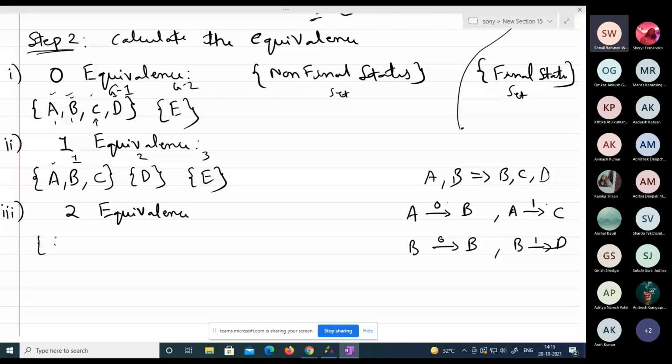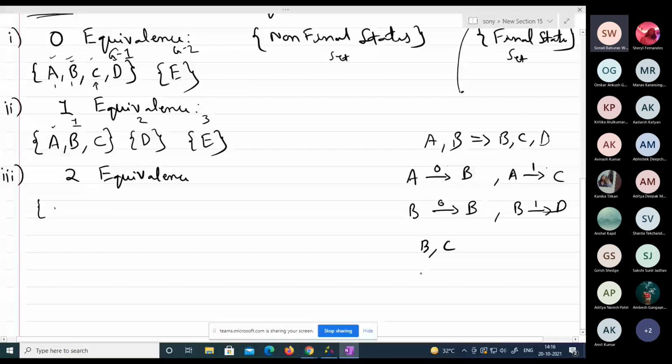Now I will take another pair. Which pair can I take now? Let's take B comma C. Now let's see what it gives. B gives 0 to what? B gives 1 to what? Similarly, C gives 0 to what? C gives 1 to what?